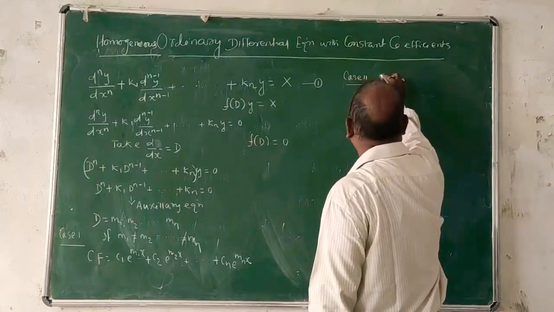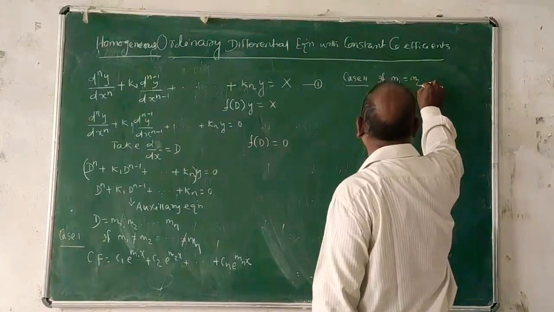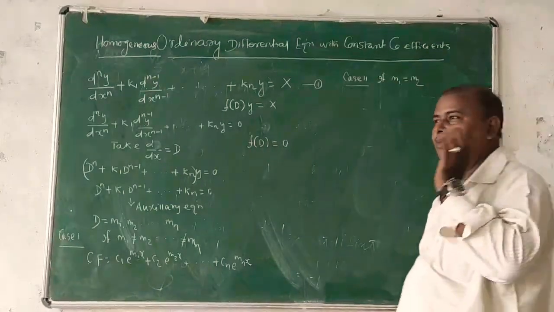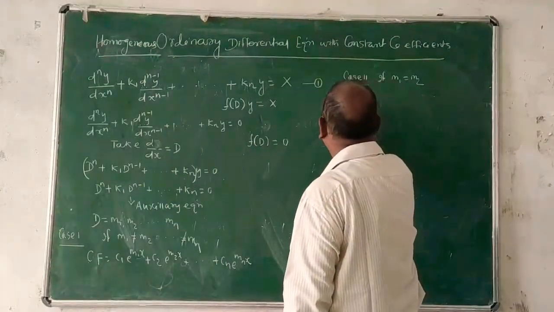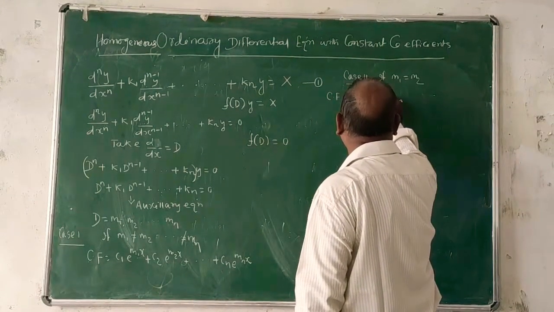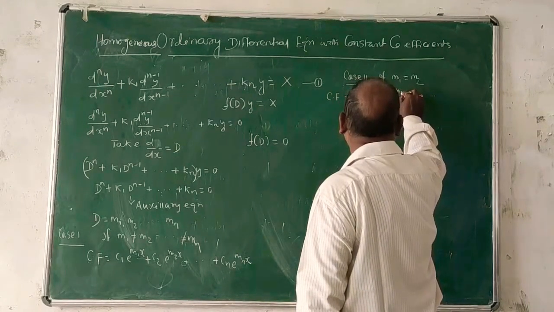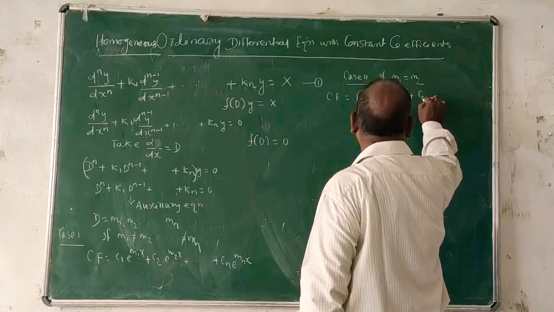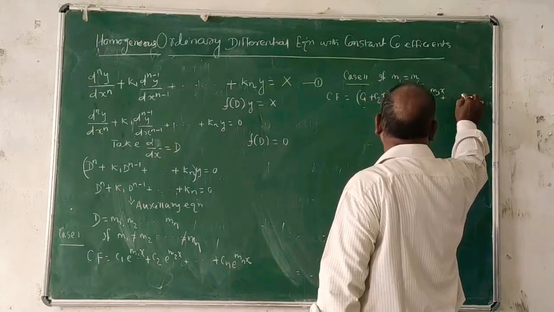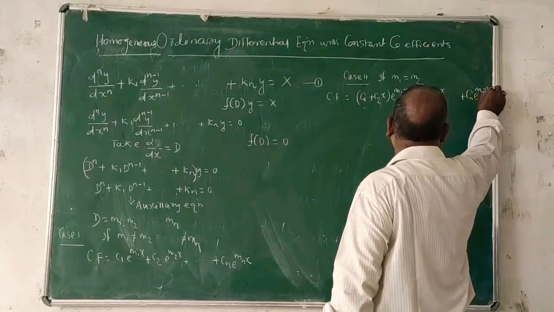Now if two roots are equal, m1 is equal to m2, and the others are not equal, then you get the complementary function (C1 + C2x) e^(m1x) + C3 e^(m3x), and this will go on continuing up to Cn e^(mnx).